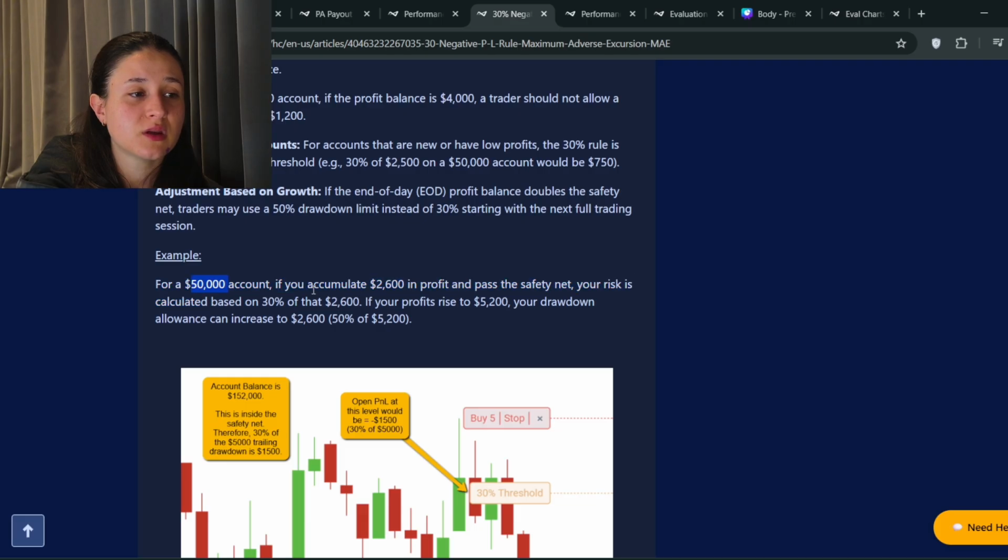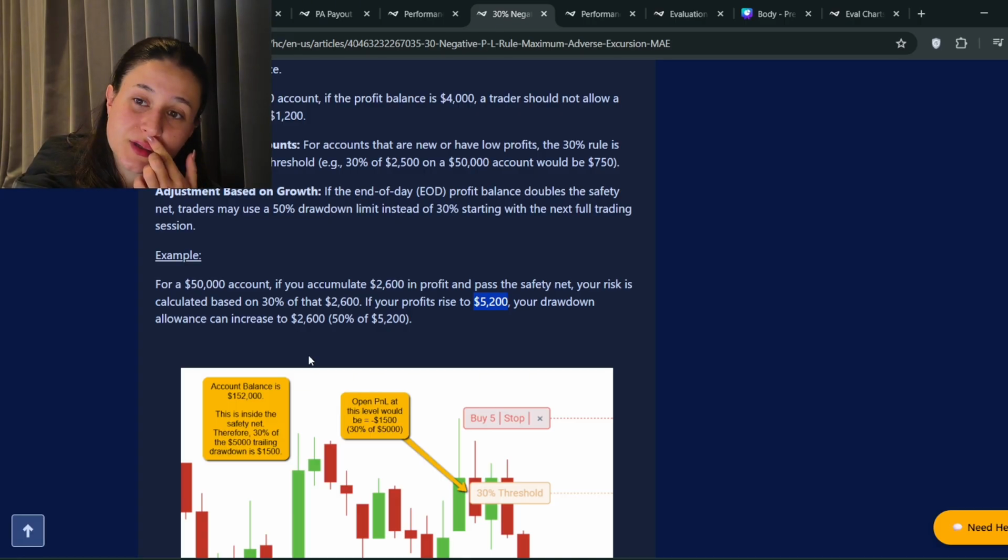Example, a 50k account: if you accumulate this much in profit and pass the safety net, your risk is calculated based on 30% of that. If your profit rises to 5.2, your drawdown allowance can increase to 2.6, 50%.